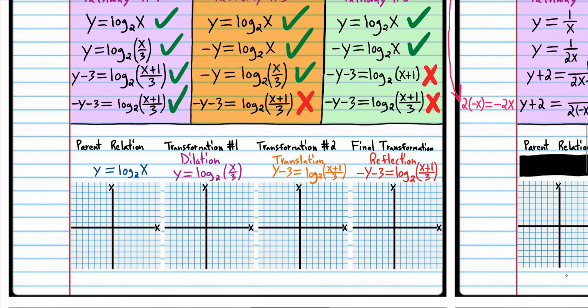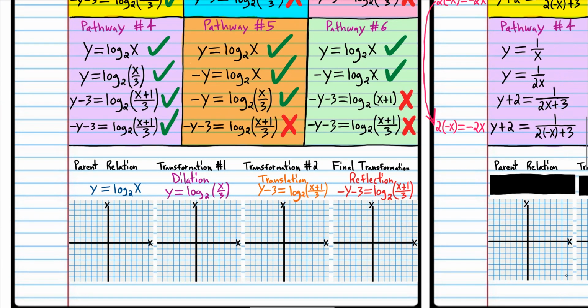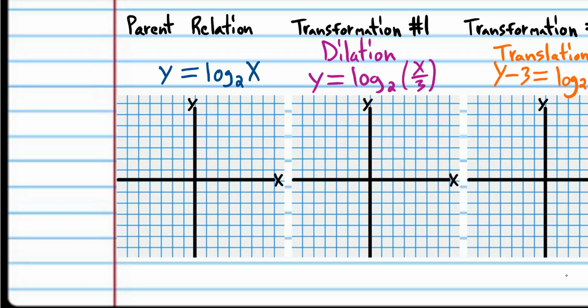We have our route. We're going to dilate first, then translate, then reflect. Remember, there's a vertical asymptote on the y-axis when you're drawing the logarithmic parent relation. And if we plug in 1, you always get 0 in a logarithm, right?